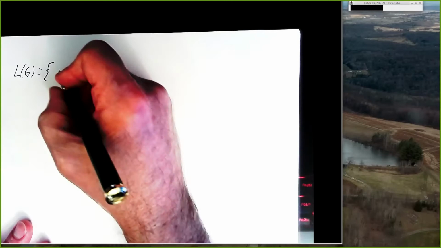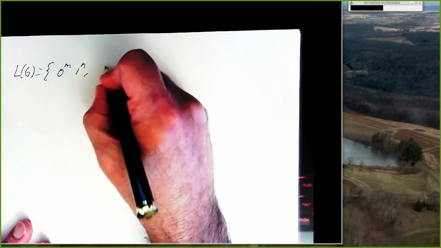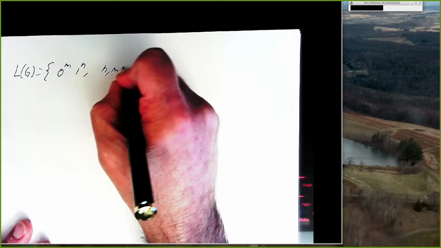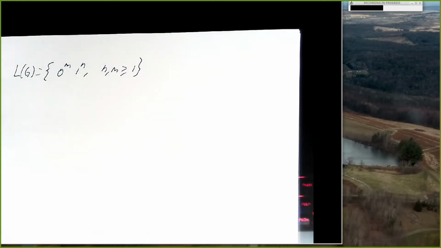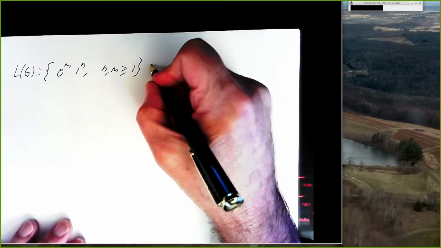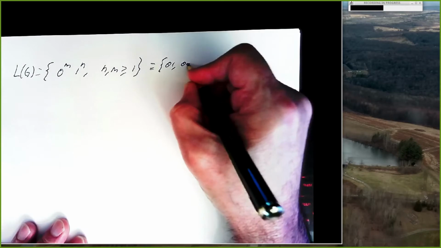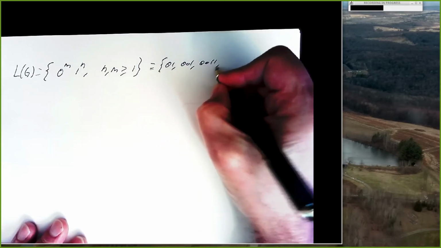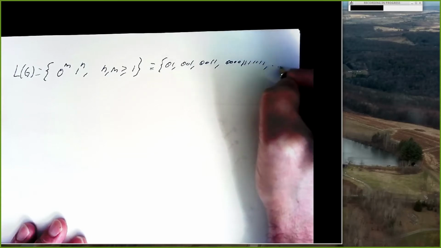Let's try to generate strings of the form 0 to the m, 1 to the n, where n and m are bigger than or equal to 1. So we want strings like 01, 001, 0011, a bunch of zeros followed by a bunch of ones, and so on.